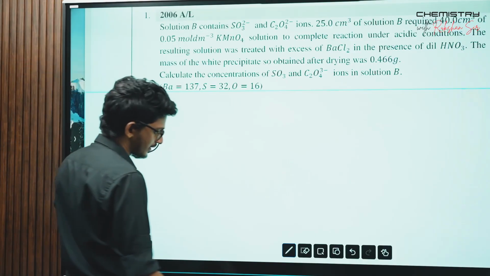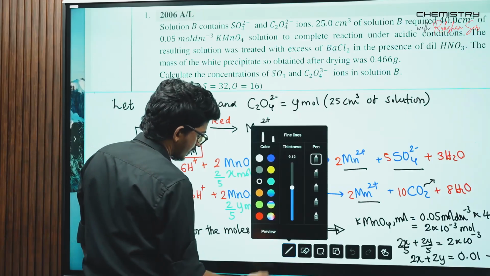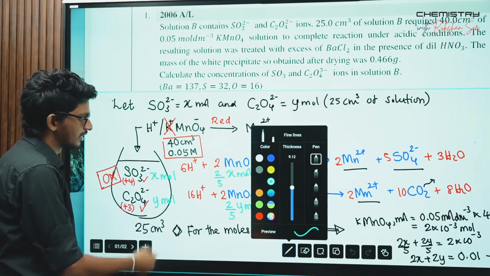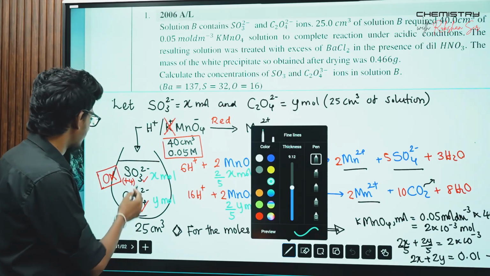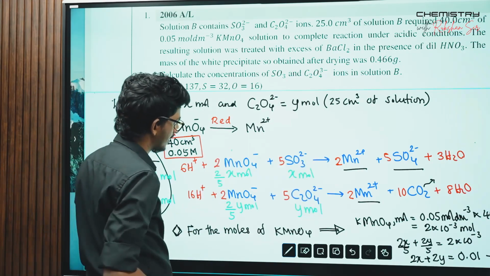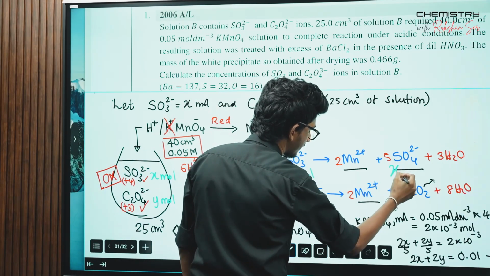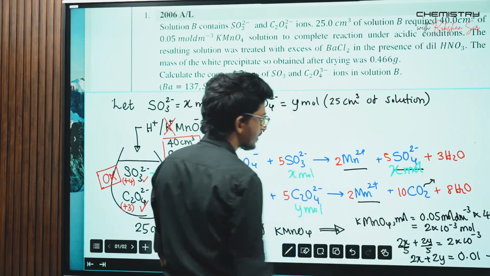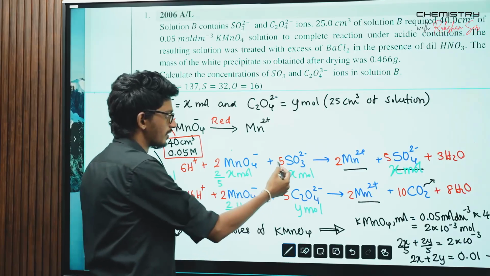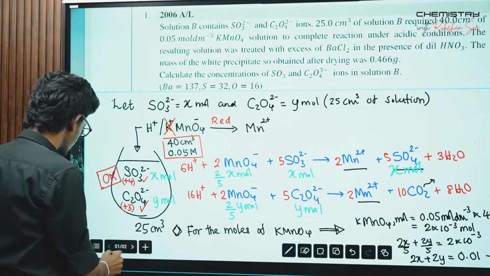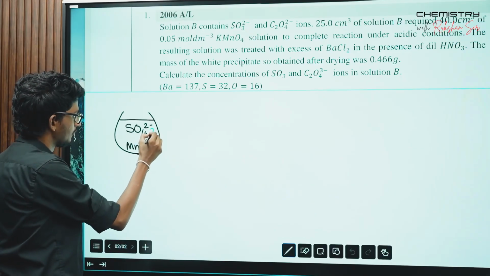And what are the amounts? We need to come up with the amounts as well. So the sulfate amount is the same as the sulfite amount, that is also x moles, a 1:1 ratio. So this amount is x moles.